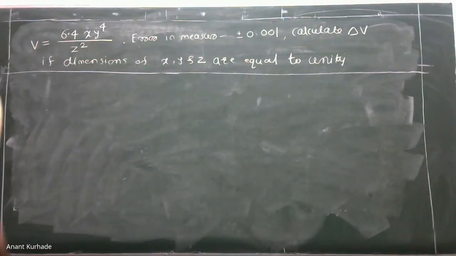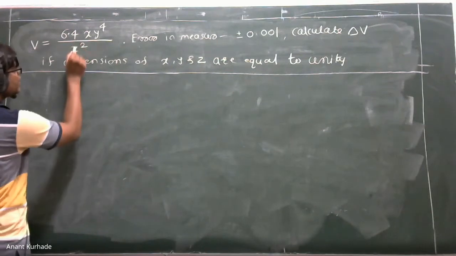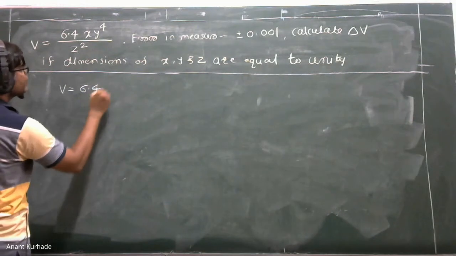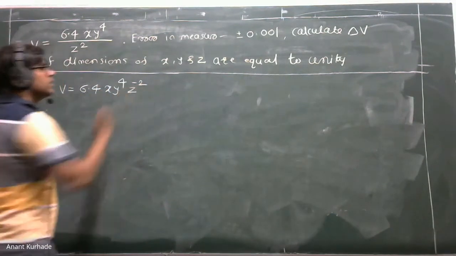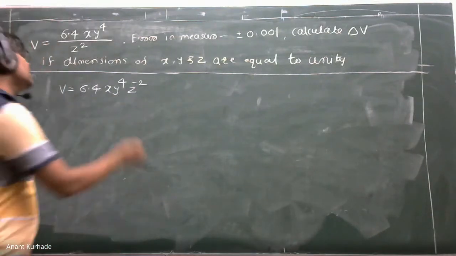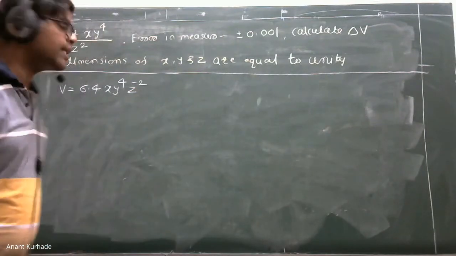If you have a problem, with the numerator and denominator, you can write this formula like this: 6.4 x y raised to 4 z raised to minus 2. Then you can take its derivative, that is, x raised to n gives n x raised to n minus 1.